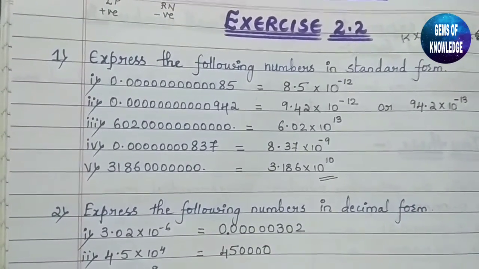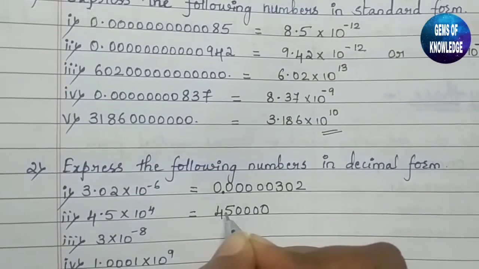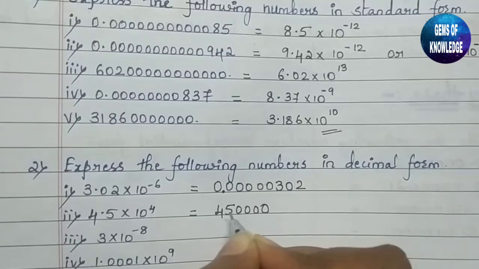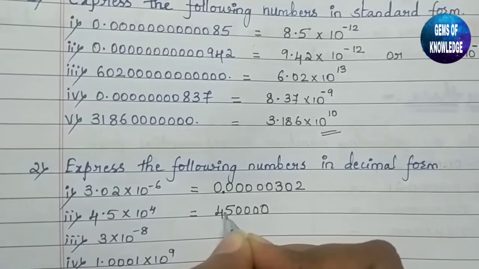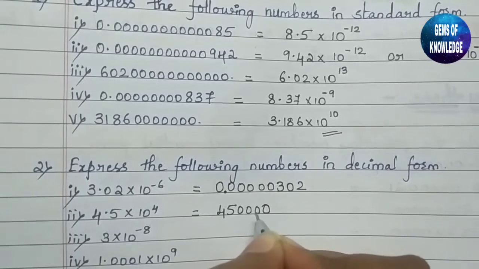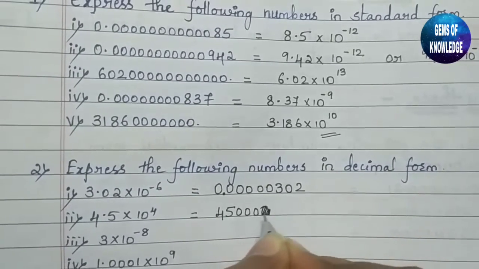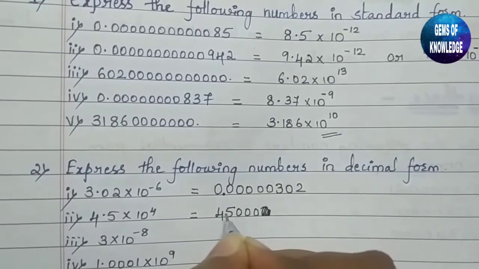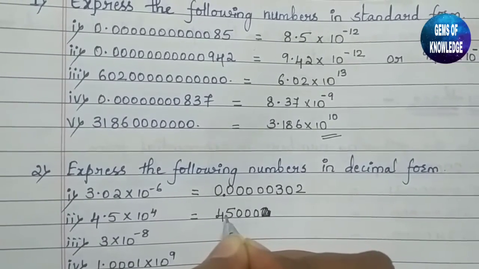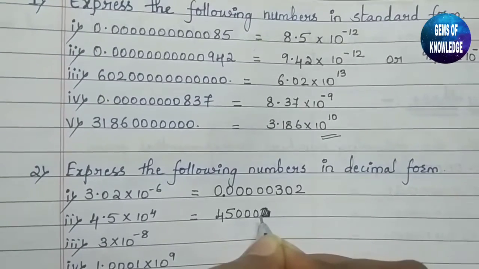Now our point, which was at 4.5, should move 4 places: 1, 2, 3, 4 numbers. So this last 0 is excluded; we don't need it. So our point will go from 4.5 to here, and we are getting 45,000.